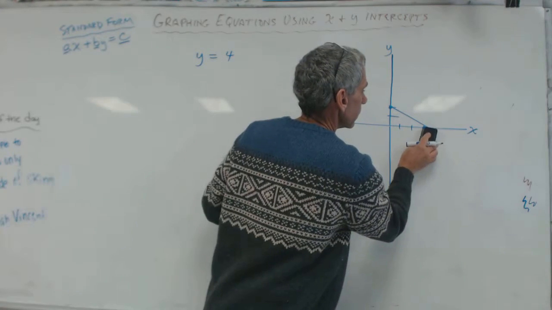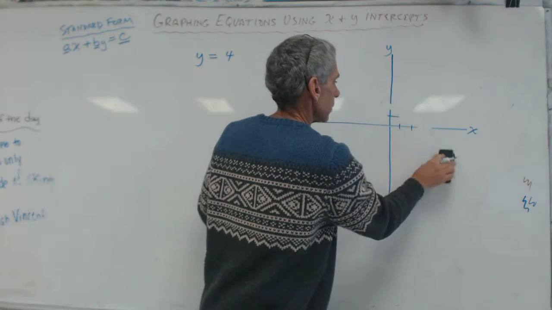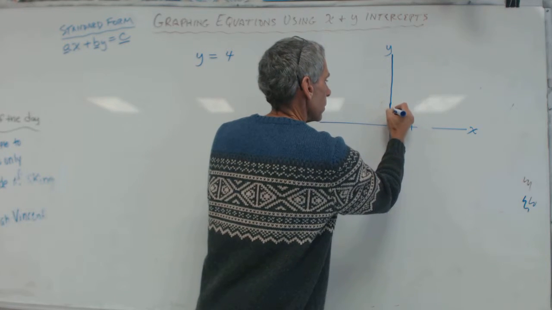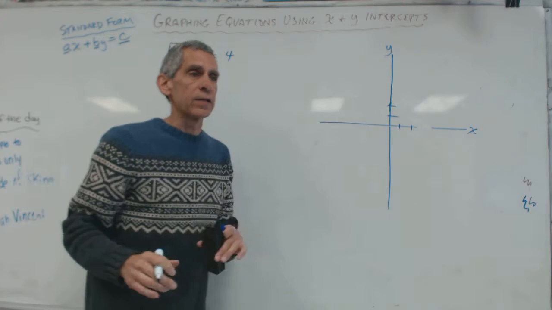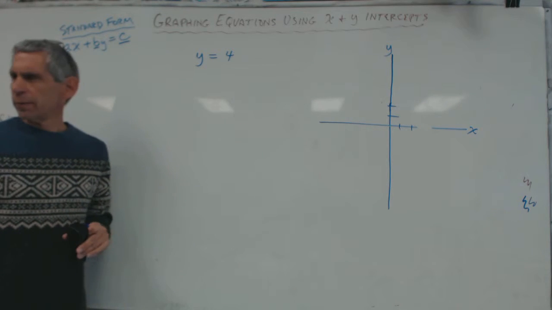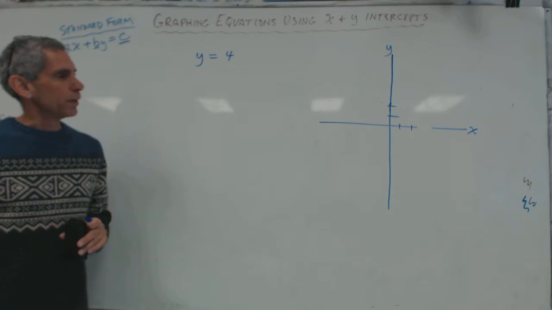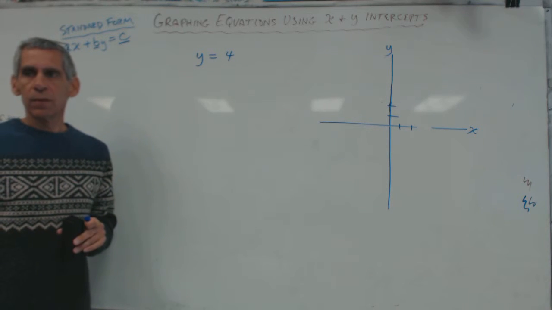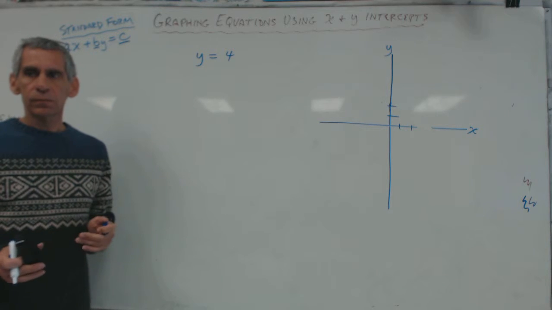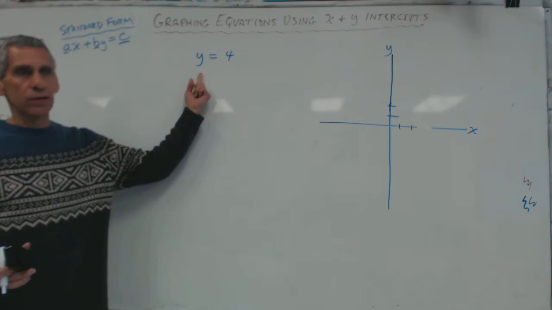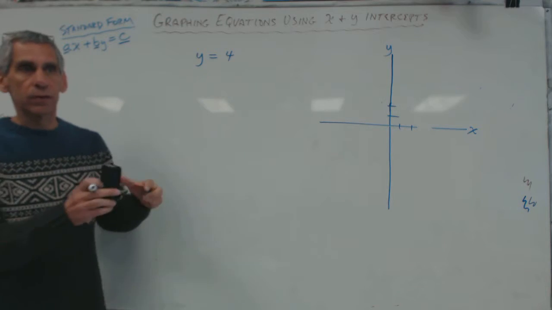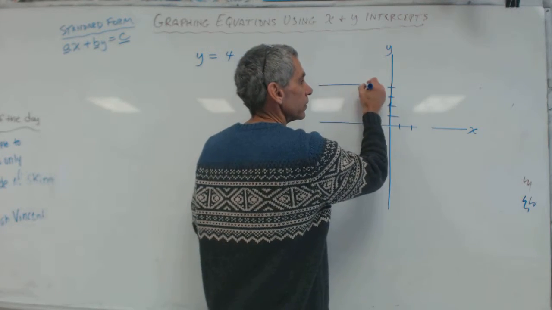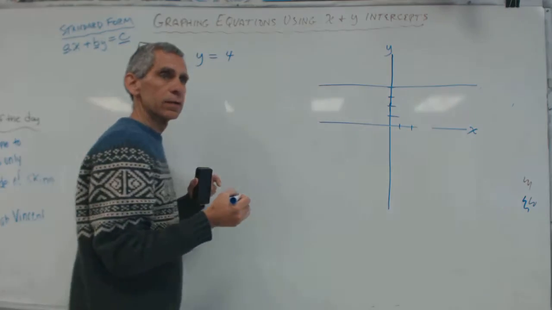Could it be something like 2x plus 2y equals 0, where both equal 0? The only way you're going to get a horizontal line is if you only have one variable, right? It's going to be this forever, no matter where you are.